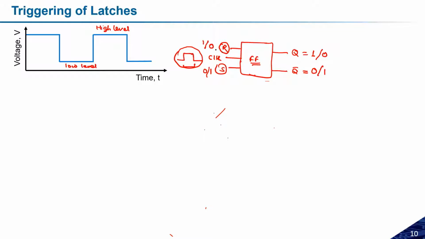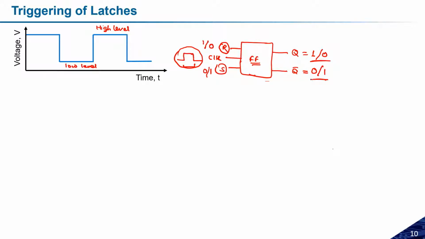So if R becomes 1 and S becomes 0 without changing the clock pulse, because the time duration of this clock pulse was very high, then what will happen? If there are uncertain changes in the set and reset inputs, that will change the output, and that can create flipping of logic.